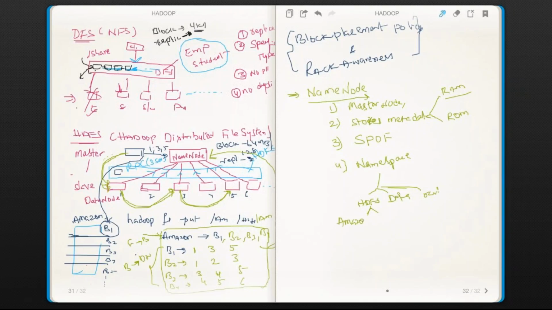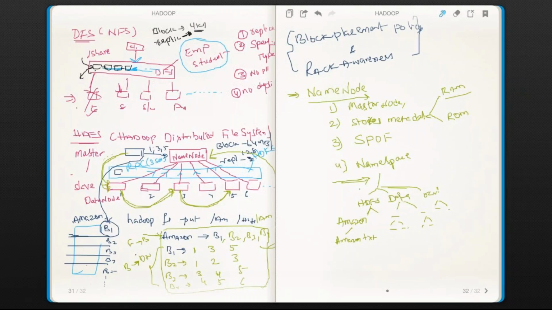Let's assume that Amazon is the directory name, and under Amazon, Amazon.txt. Under data, I may have something else. What is it? It is a tree structure. Your name node maintains metadata or namespace information in the form of a tree structure.